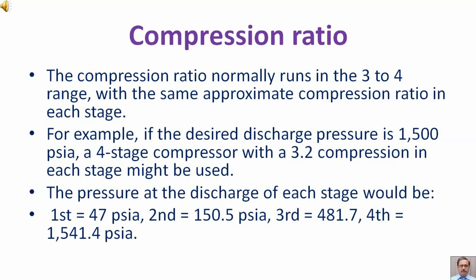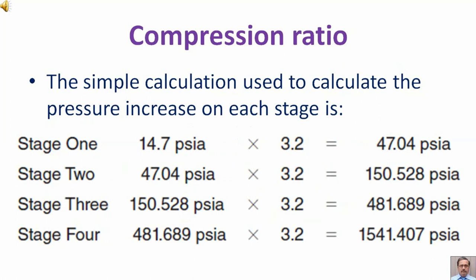The pressure at the discharge of each stage would be 47 psi, second 150.5 psi, third stage 481.7 psi, and fourth and the last stage it shall be 1541.4 psi. The simple calculation used to calculate the pressure increase on each stage is shown in this table, in this tabular form.